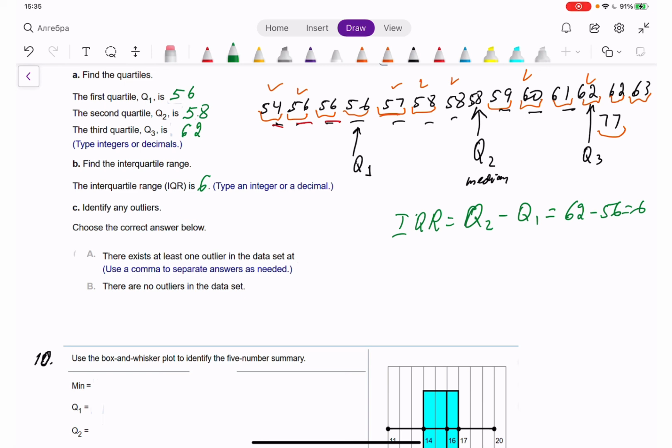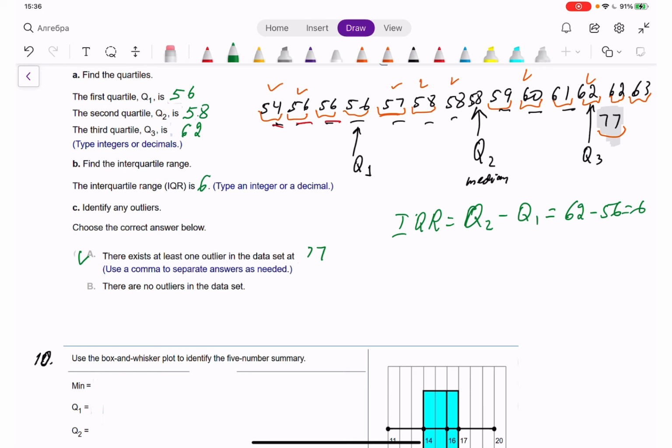The approximate outlier, I would say, is this 77, because it's a little bit far away. I wouldn't say it's much of an outlier, but if I look at how close the data goes to each other, and all of a sudden, indeed, it is an outlier. So 77 is going to be our outlier.